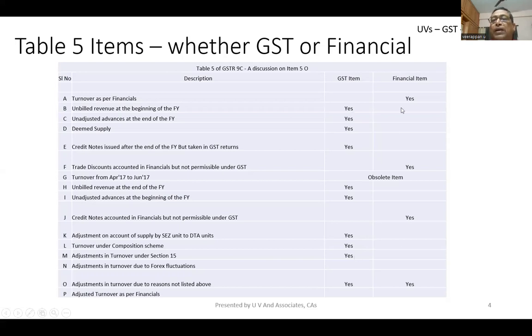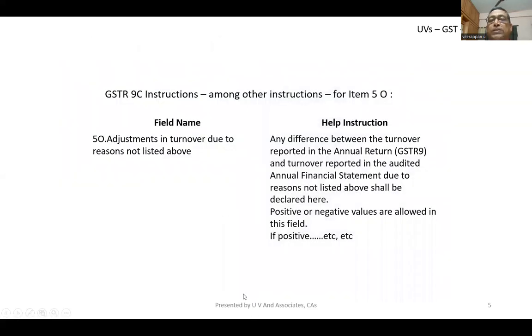And whichever come under financial item, these normally find place at the year end in this reconciliation. Though the purpose of GSTR9C table 5 is to reconcile the turnover between the books, financials, and the annual return, many of the items finding place in this table are regular GST items.